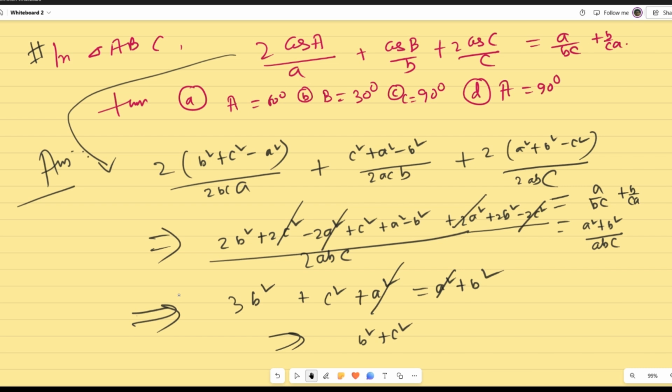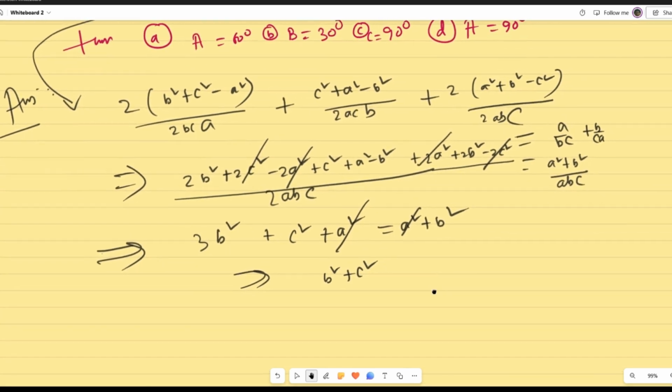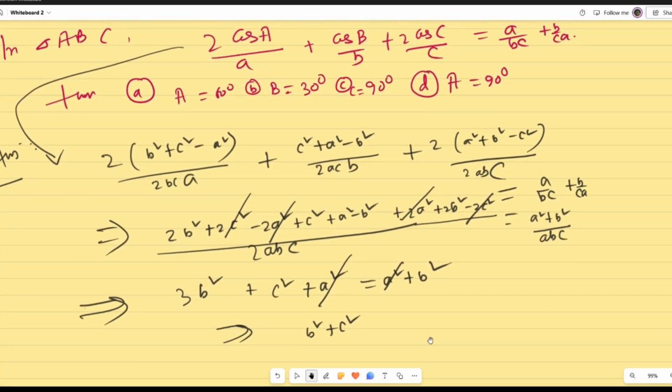Wait. One thing. We have to simplify it. So 2 will be there. This is 2a square, so this you cannot cancel. 2 will be cross multiplied because ABC gets cancelled but not 2ABC.